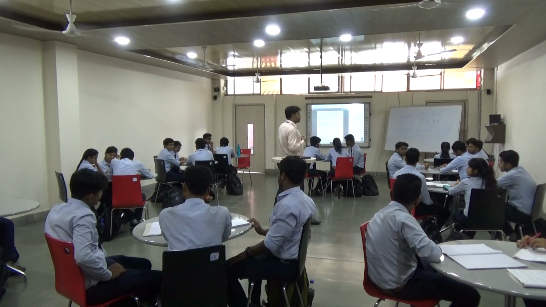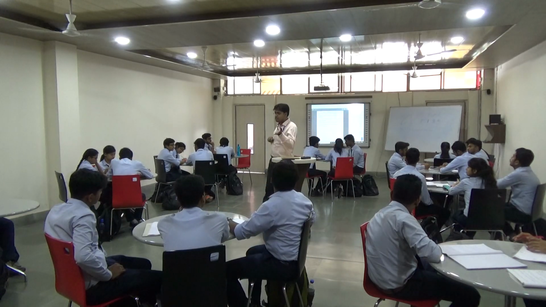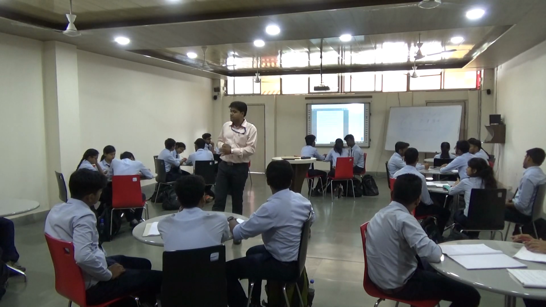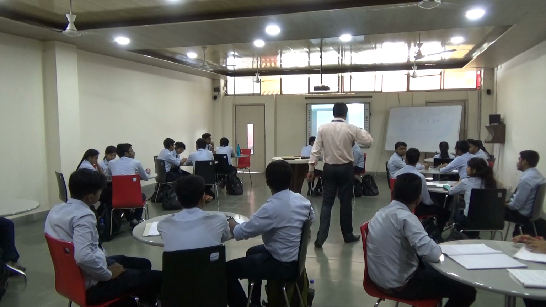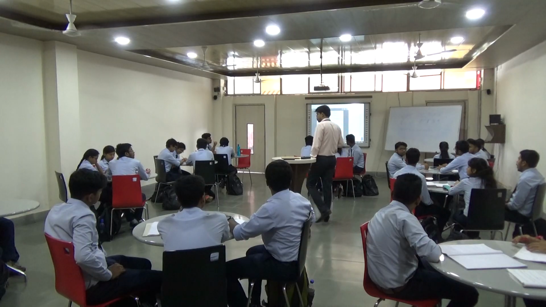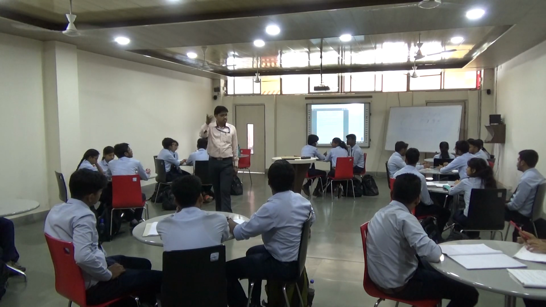And the Aufbau principle depends on the n plus l rule. n means principal quantum number and l means azimuthal quantum number. Either the n plus l rule, or there is some rainfall method also. You can search on the internet to find out what the rainfall method is. Otherwise I will discuss it in the next class.